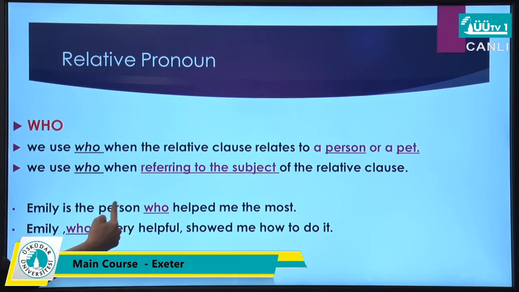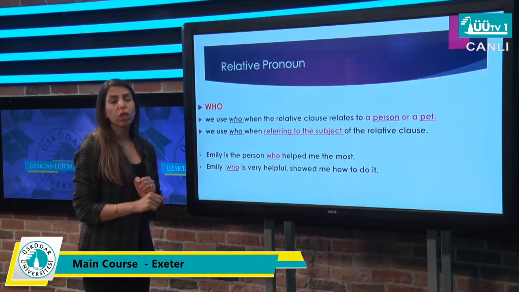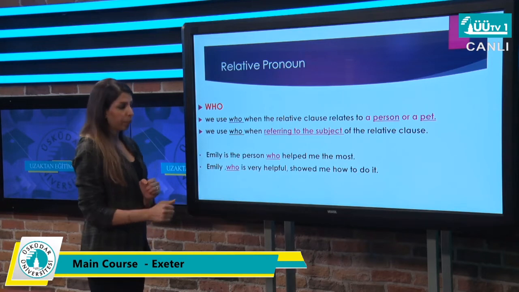It talks about a person. So I use who. And here, with comma, you can totally understand that this is non-defining. You can remove it from the sentence. But again, it is talking about Emily, a person. So who is the relative pronoun which I should use here.